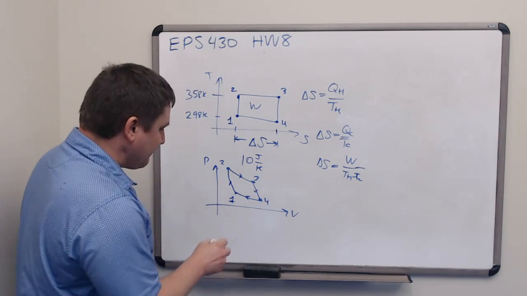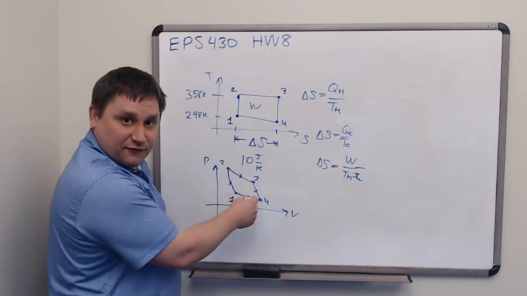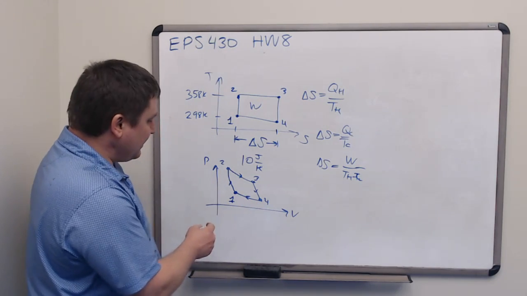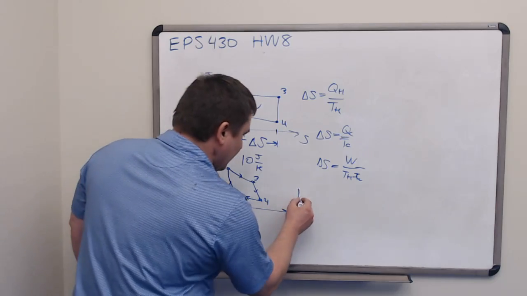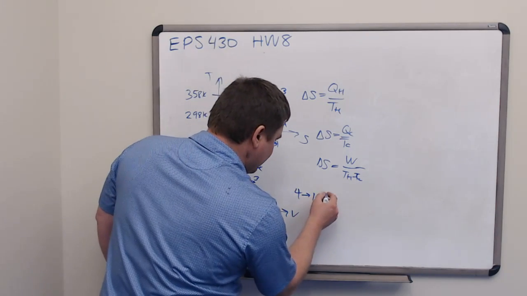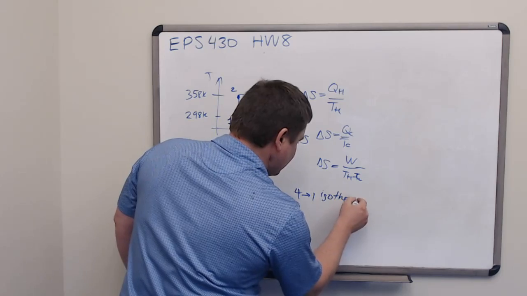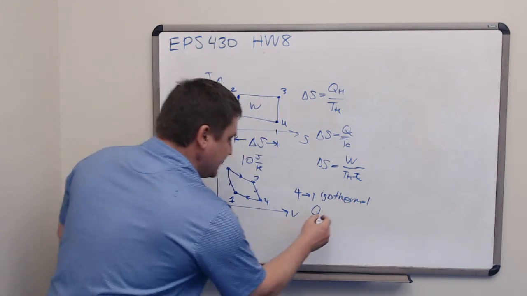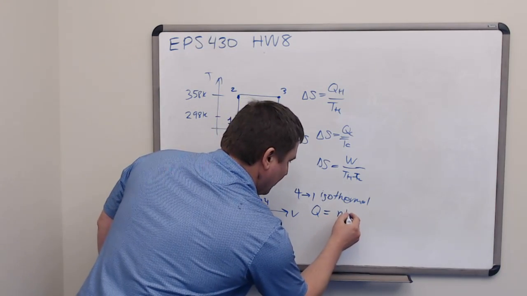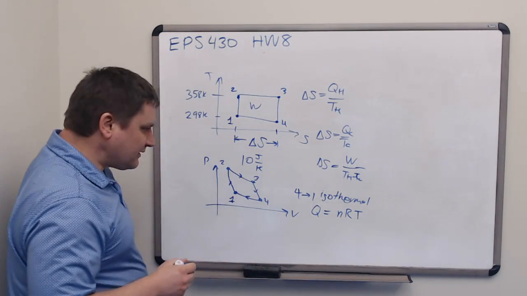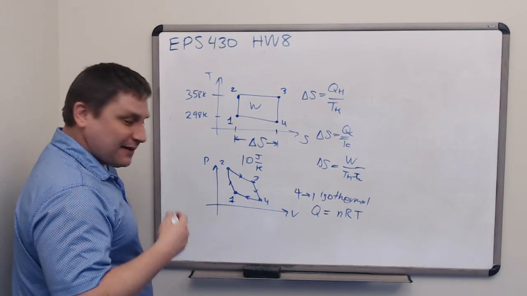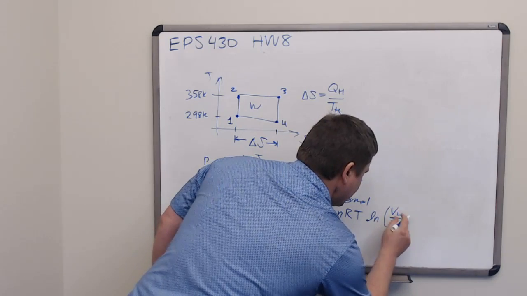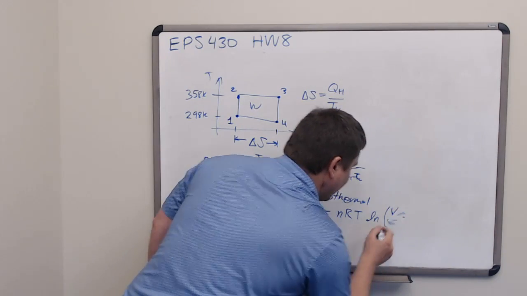So it's clear here that the max volume is at point 4, and point 4 is connected to location 1 by an isothermal step. So 4 to 1 is isothermal, and so along an isothermal step, the heat is moles times ideal gas constant times the temperature of the isotherm times the logarithm of the volume ratio.